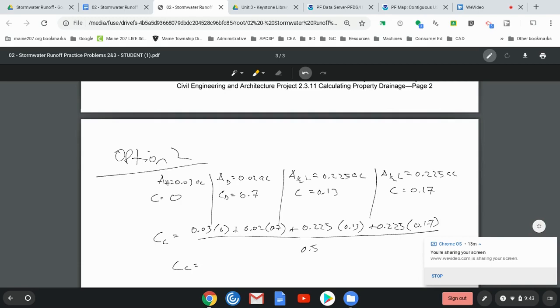So it's point open parentheses 0.02 times 0.7 plus 0.225 times 0.13 plus 0.225 times 0.17. Close parentheses, divide that by 0.5, and you should get approximately 0.16.